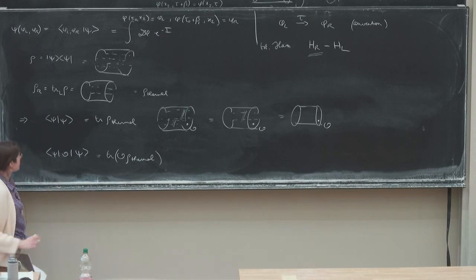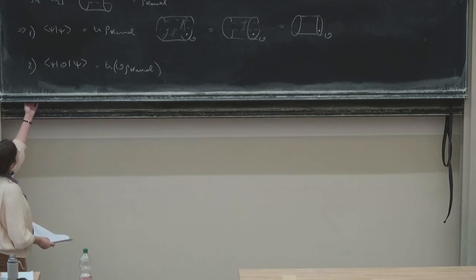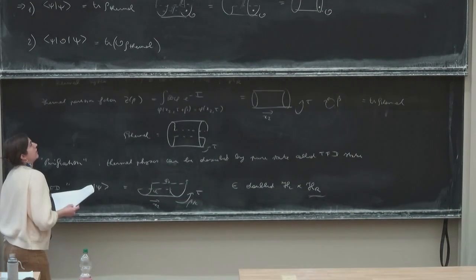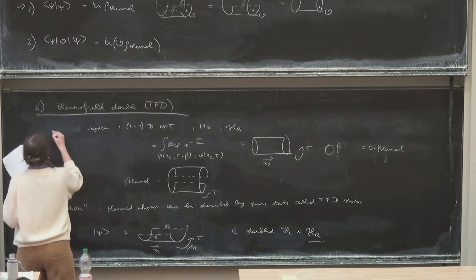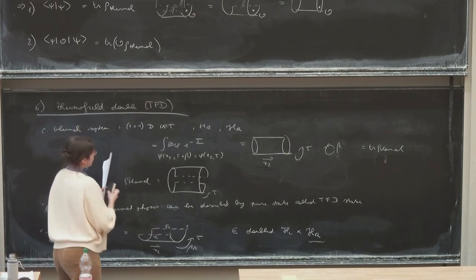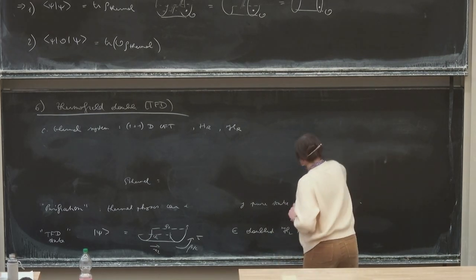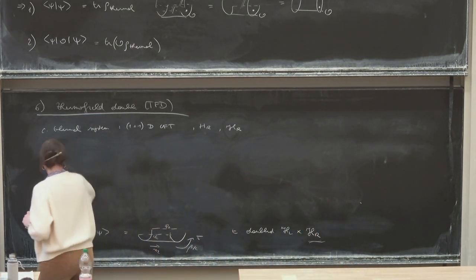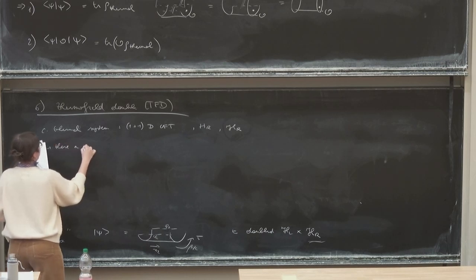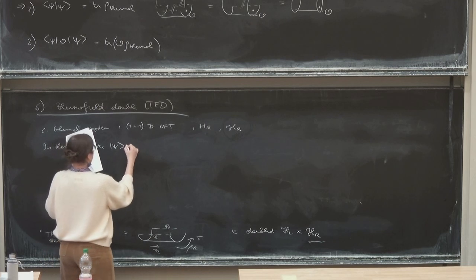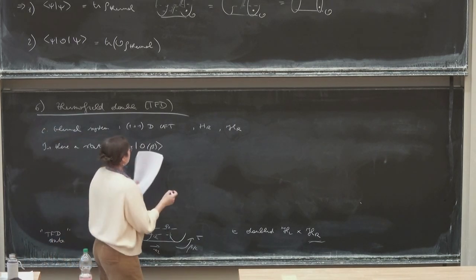So these two statements, 1 and 2, are really the two statements of the thermal field double physics. And, well, I could have left this actually. Starting from the thermal system, I could have also just stated a question here at the start of this section. So I could have asked the following: is there a state psi, which is a vacuum state that knows about the temperature of the system somehow?